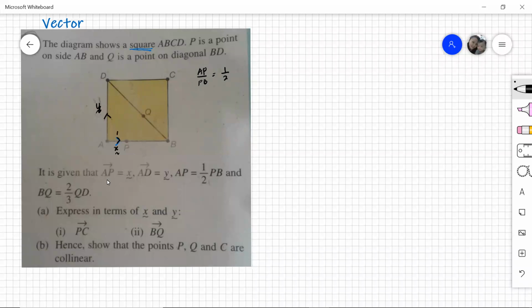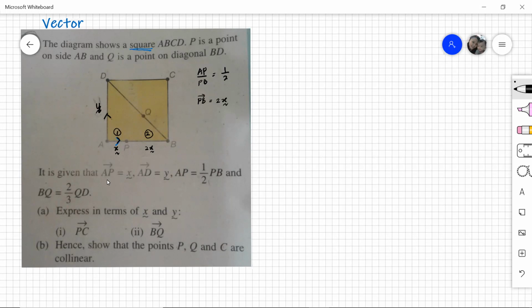So let's put 1 with a circle to indicate that this is the ratio. And P to B is 2 parts. So if x is one part, therefore PB is equivalent to 2x. All right, so the vector PB is found, which is 2x.